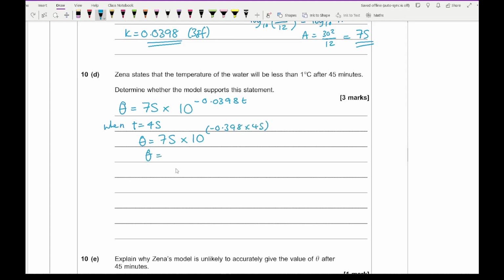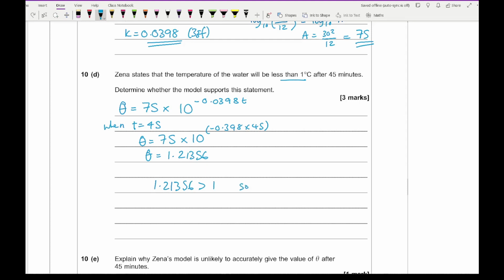And if I type that into my calculator, I get a value of 1.21356. Now, as you can see, in terms of comparing her statement, 1.21356 is greater than 1.